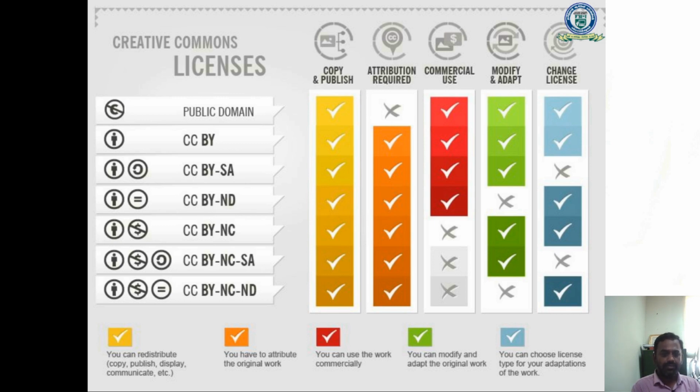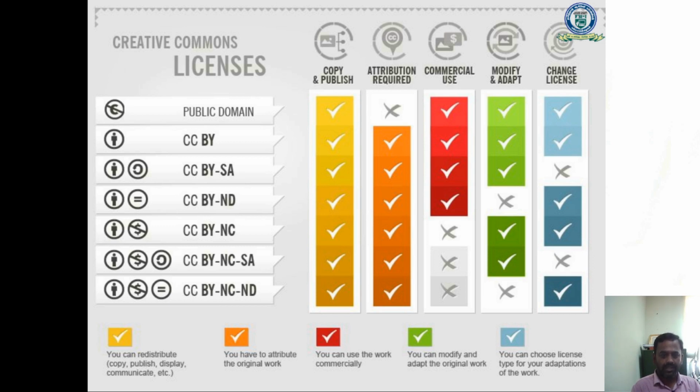Whereas CC BY SA, you can copy and publish, attribution is required, you can use it commercially, you can modify and adapt, but you cannot change the license. You should share it as it is.